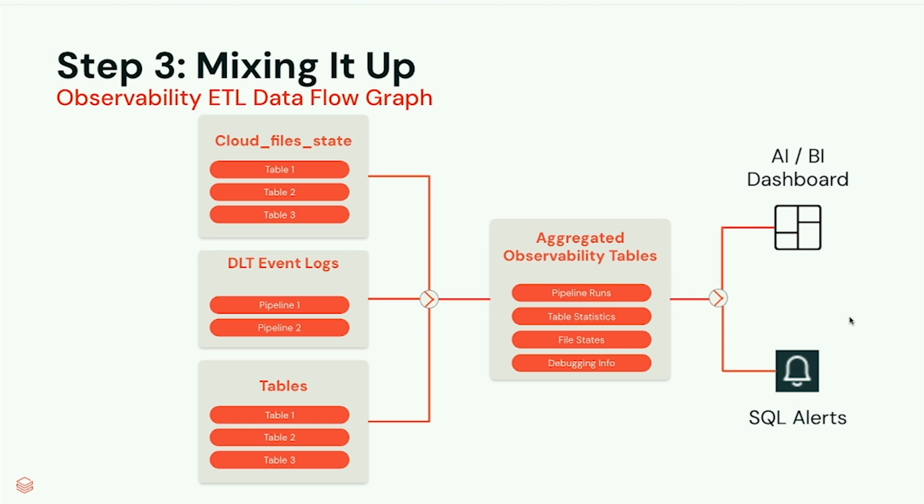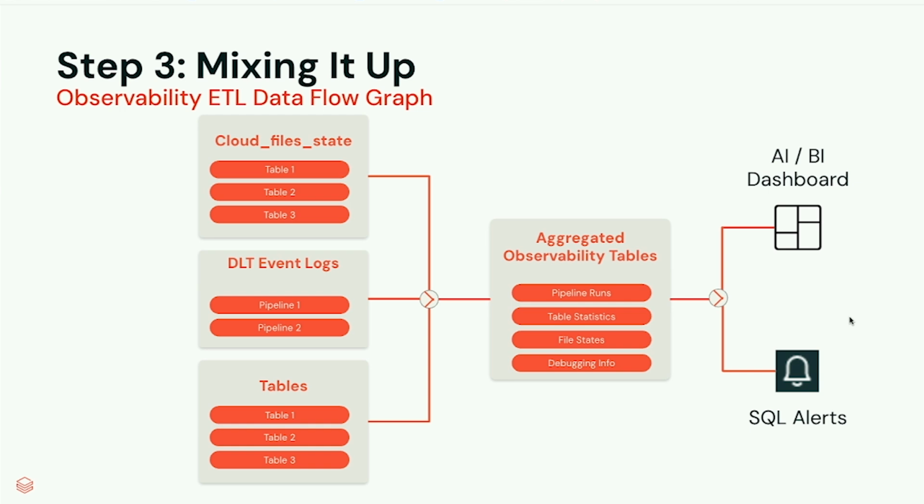One is what we already mentioned, the cloud files states table valued function, which contains information about the state of ingestion that's being maintained by autoloader. The next observability source is the event log for all our ingestion pipelines. And finally, we also use the tables themselves.